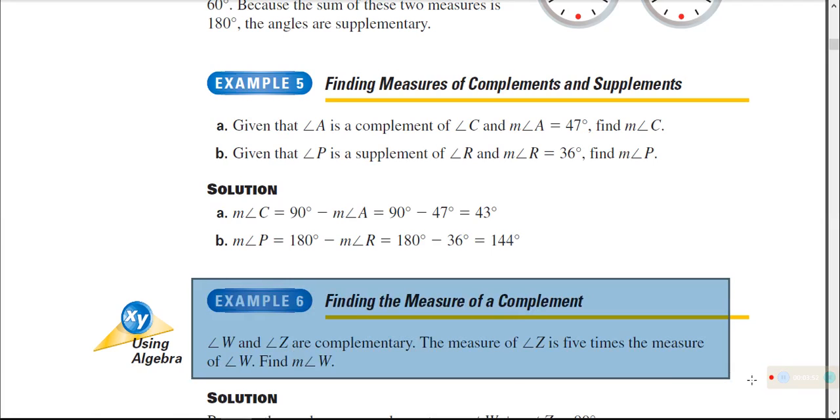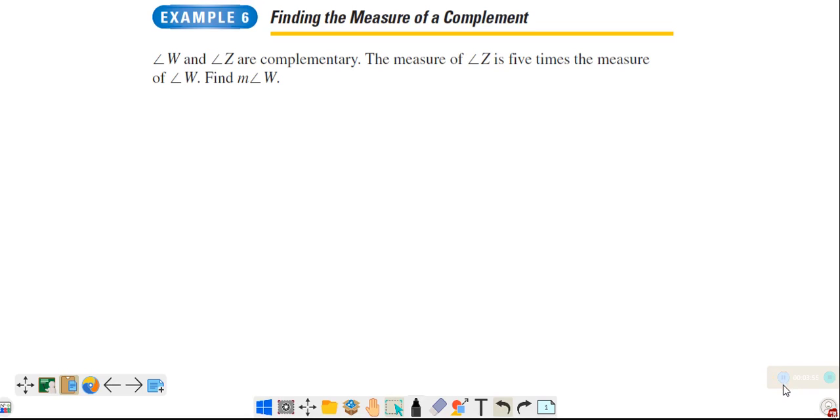So, I will just paste this on our board. Okay, now we're ready. So, let's assign some variables in finding the measurement of W and Z.